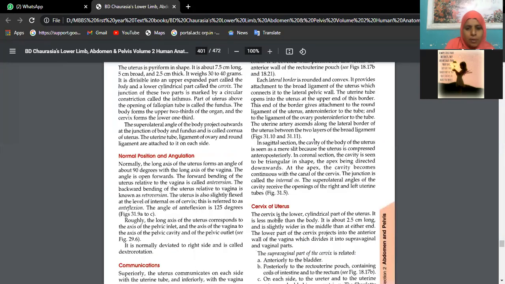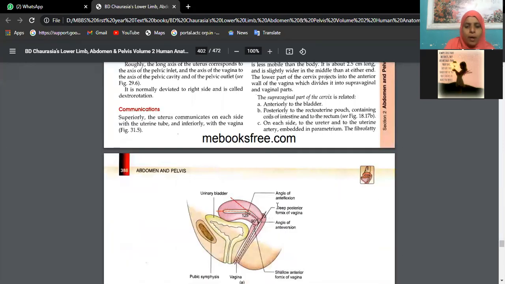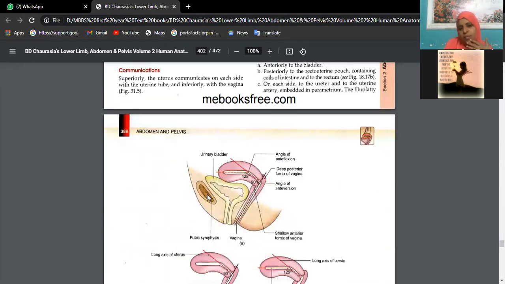Now when you look at the uterus, this is the pubic symphysis, and this is the sagittal section of the female pelvis, behind which you find the urinary bladder continuing as the urethra. Now when you see the uterus, is it standing straight or bending? It is making an angulation, bending over the urinary bladder.